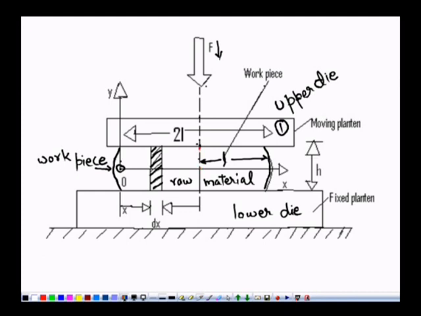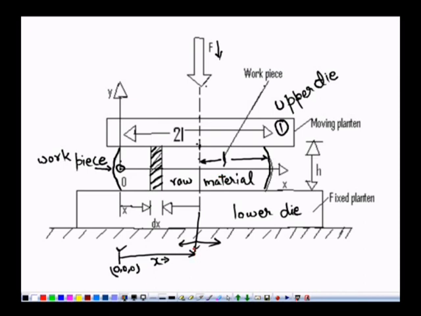So from here the flow is something like this, and we are considering from here to the axis. Our x varies from the 0 position to here. So our analysis is only between the origin and the half of the total length of the raw material.